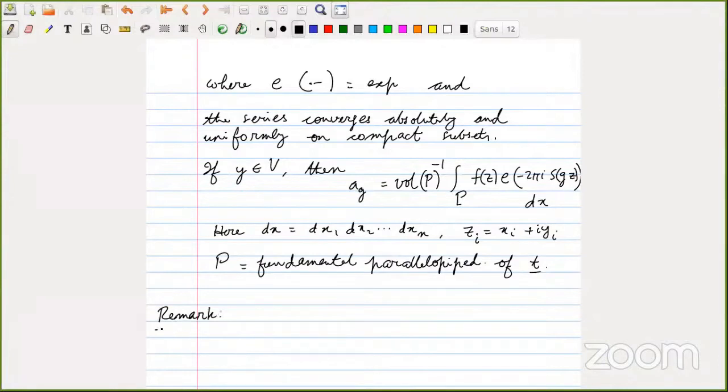The previous proposition doesn't say anything about cusps, so now I try to bring in cusps here.